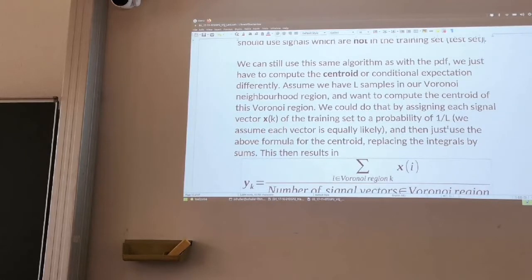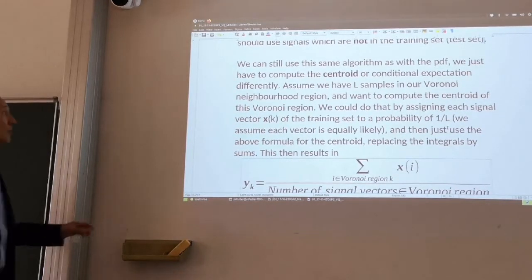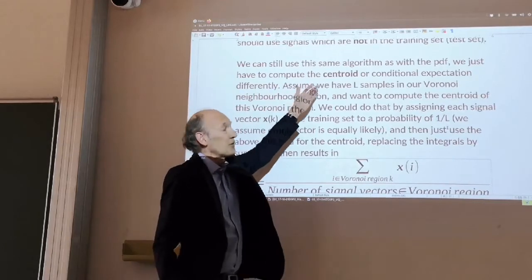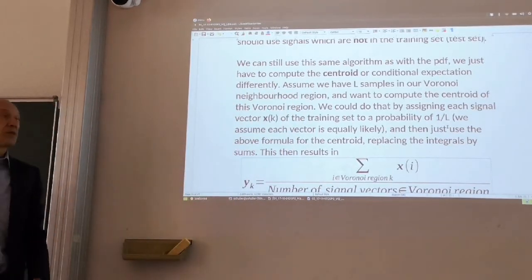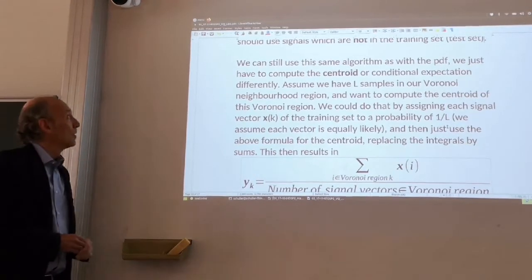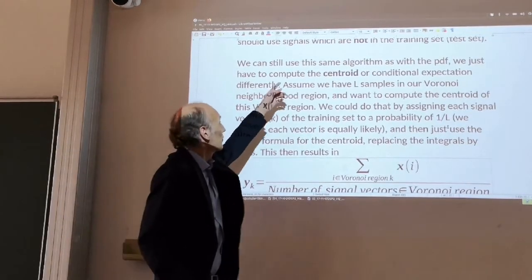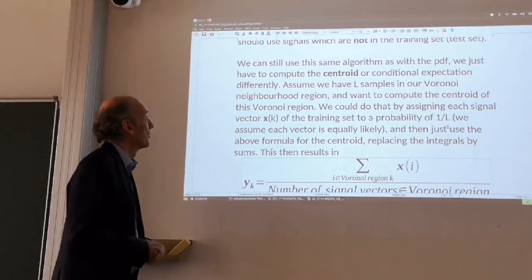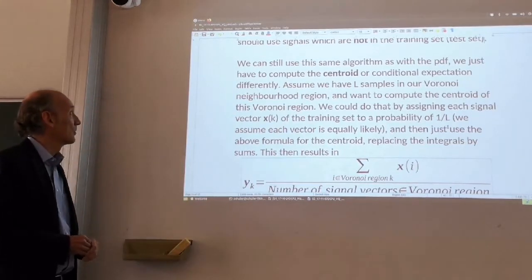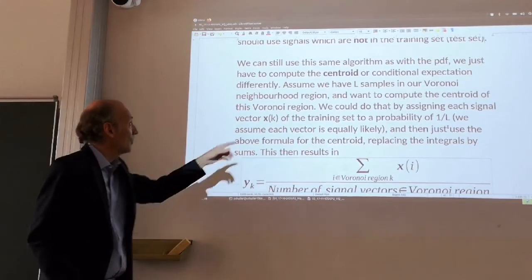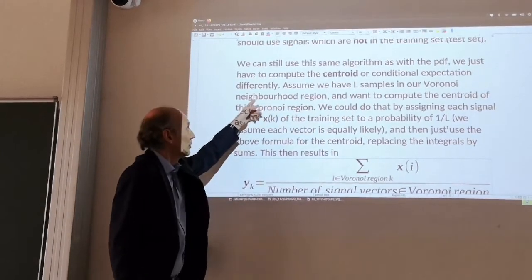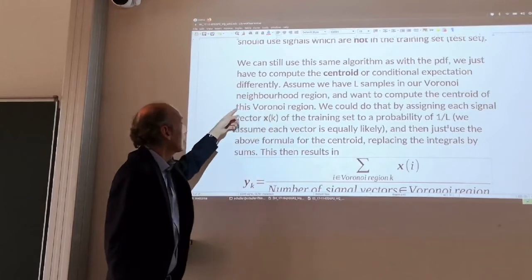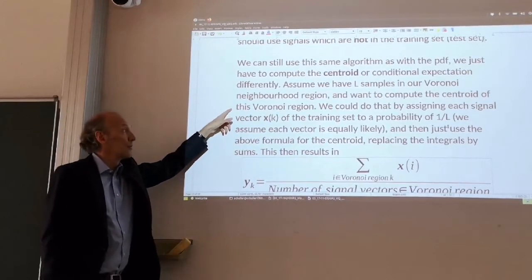The approach now to compute the centroid is slightly different. Since we have a training set instead of the PDF, we have to modify the computation of the centroid, or the conditional expectation, accordingly. So assume we have L samples in our Voronoi neighborhood region and want to compute the centroid of this Voronoi region.